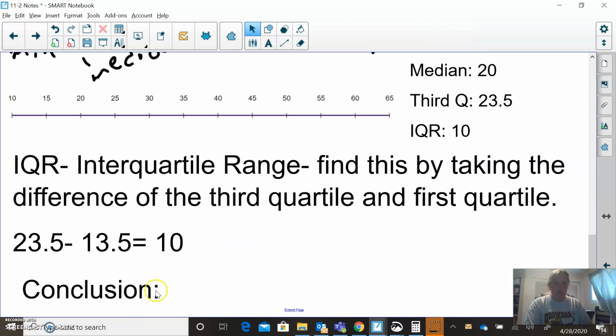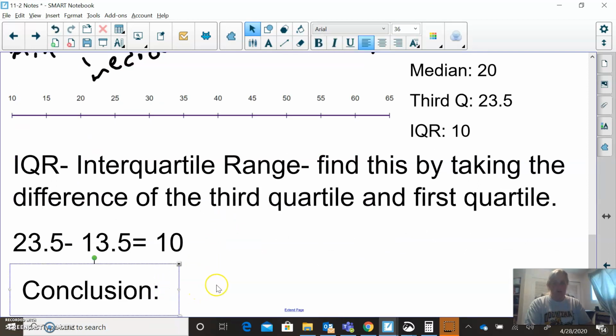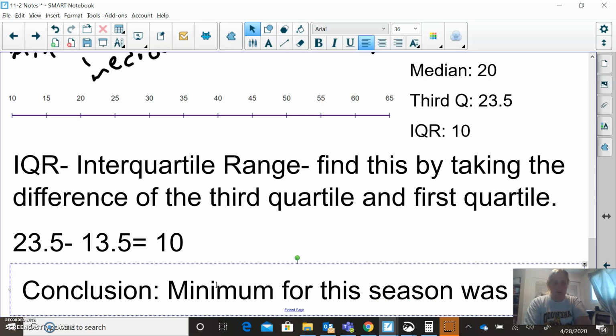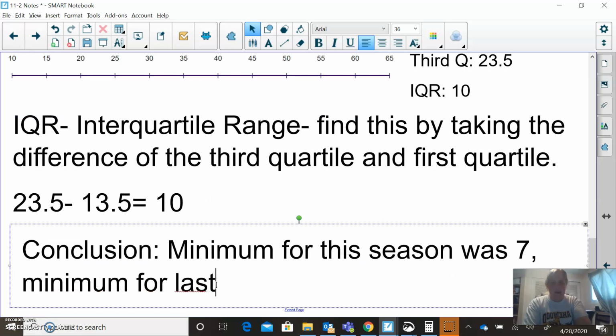in conclusion, we need to look at our minimum for this season, which was 7. Minimum for last season was 10. Okay, so they have a difference in mins.